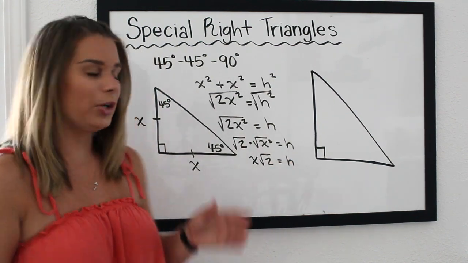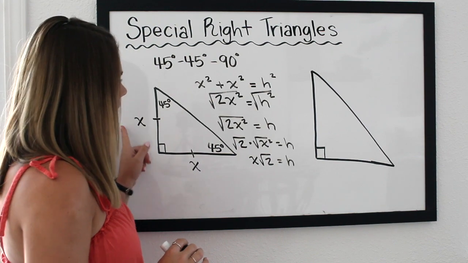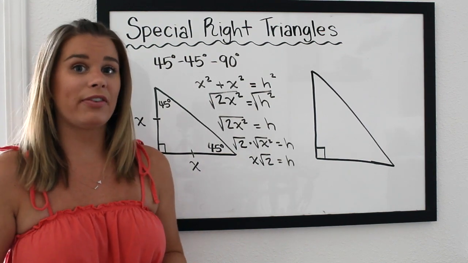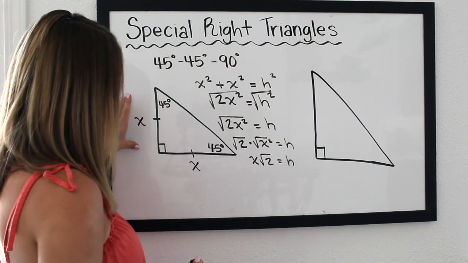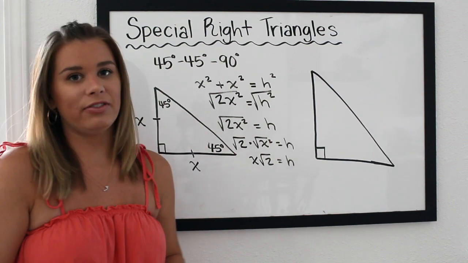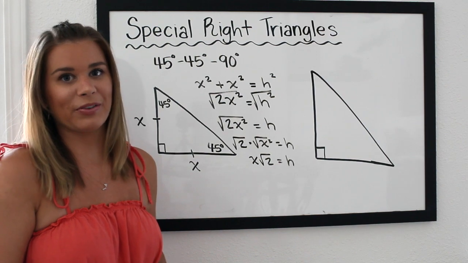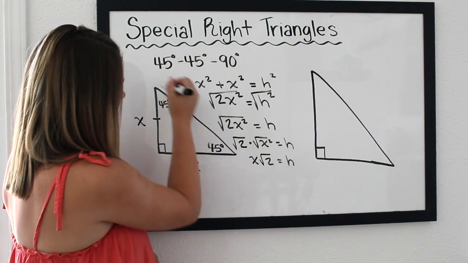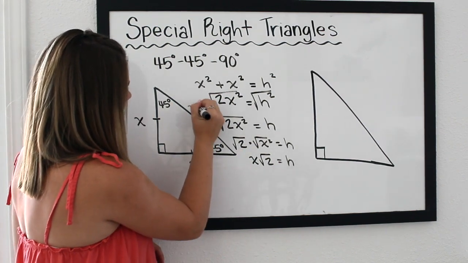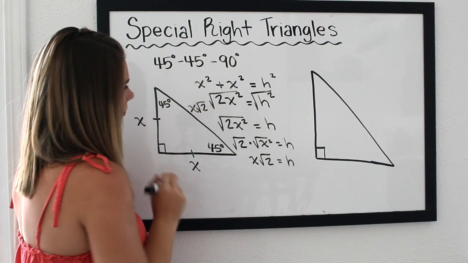So all you need to do, if you know the legs of a 45, 45, 90 right triangle, if you know the length, you automatically can find the length of the hypotenuse by just multiplying it by square root of 2. So this length right here would be x times the square root of 2.